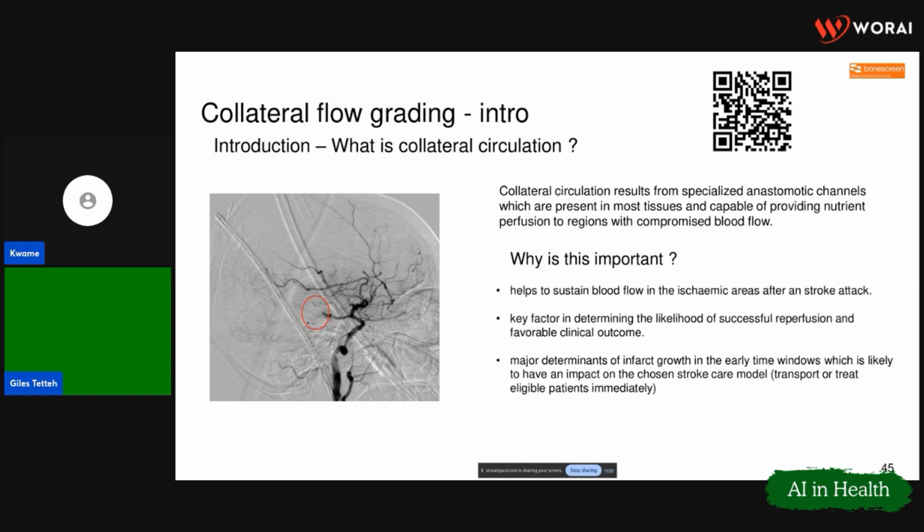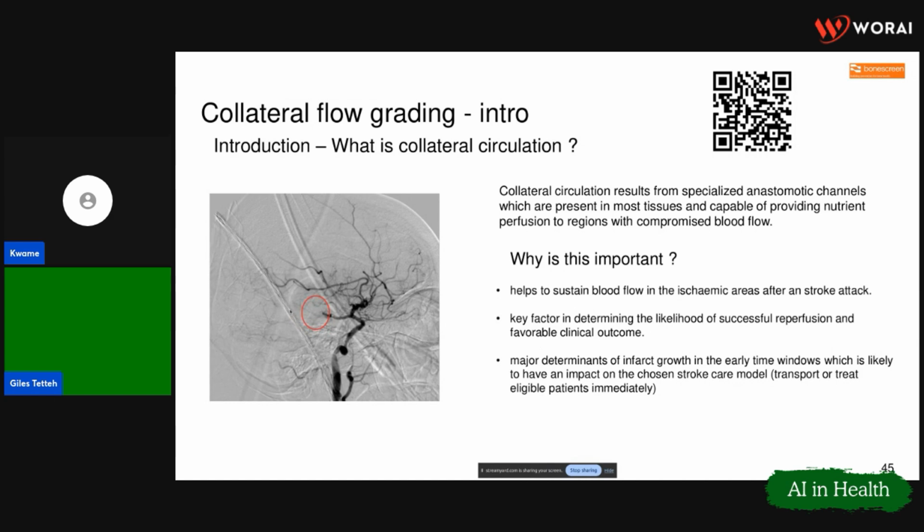And when that happens, if you have a good collateral flow, then you have a good chance of recovering, or there is likelihood of successful reperfusion, where that region can regenerate and the person can get a favorable clinical outcome. So this collateral flow is very important.